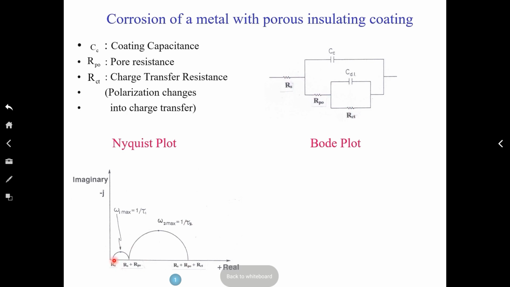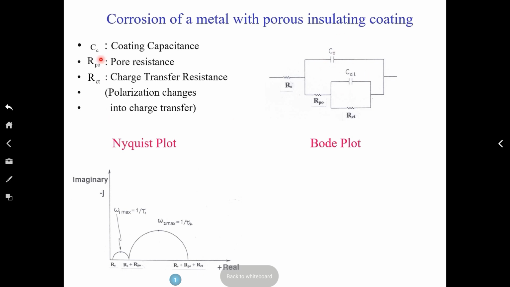This diameter will give you the second R, and that one will give you the third R. And you need two capacitors. One will come from the peak frequency analysis of this one, and the other one will come from the peak frequency analysis of the other. So again, you will get 3R and 2C, and you will get the numerical values that you're looking for.